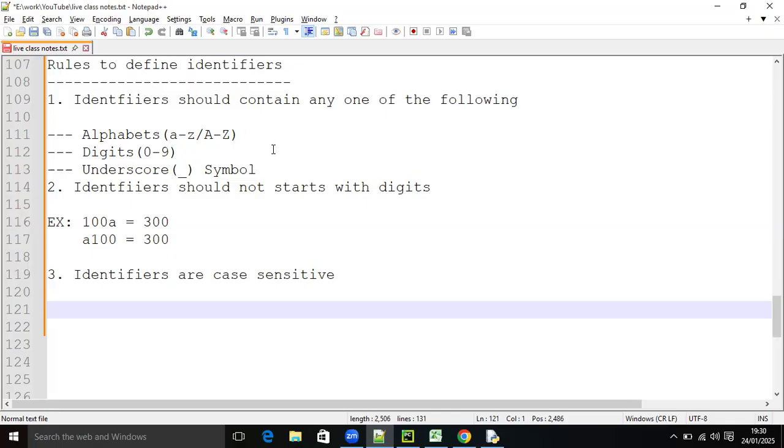But if you give small a some value and capital A some value, then if you want to know the small a value, it will print only the small a value. But if you want to know the value of capital A, it will give only the capital A value. Let me understand this by doing it practically.